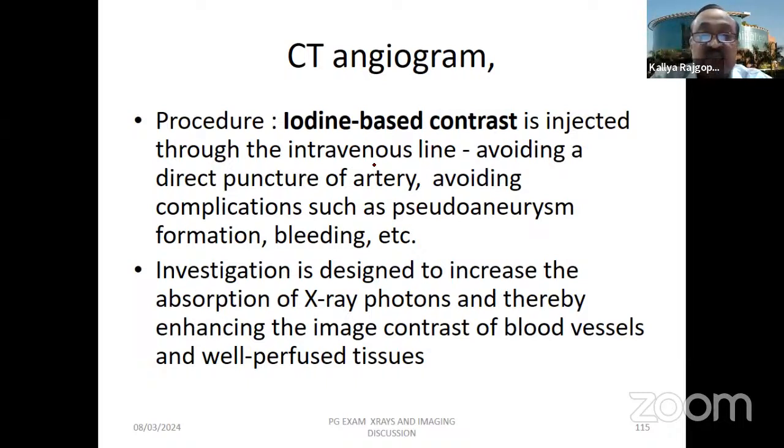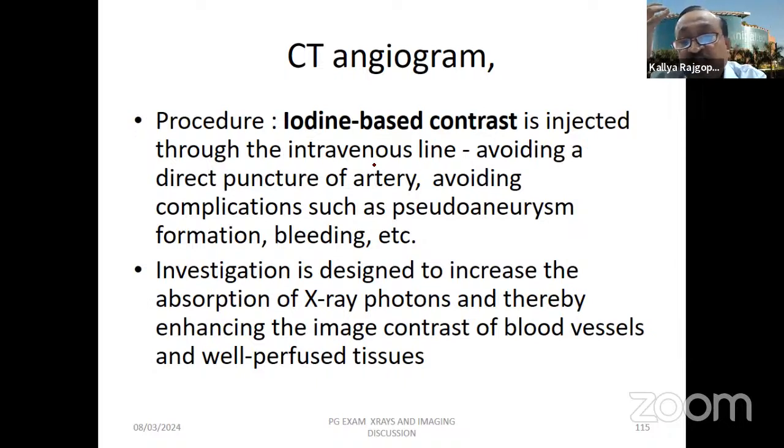Whenever an artery is punctured, there's a chance of pseudoaneurysm formation, thrombosis, bleeding, and several other complications. So you are giving it intravenously so that you get the entire picture, and you don't have to puncture the artery at all.